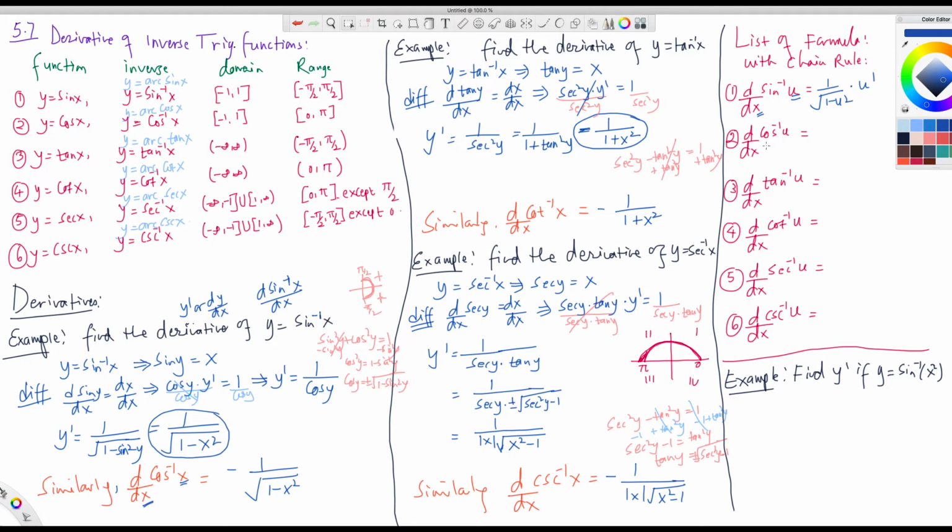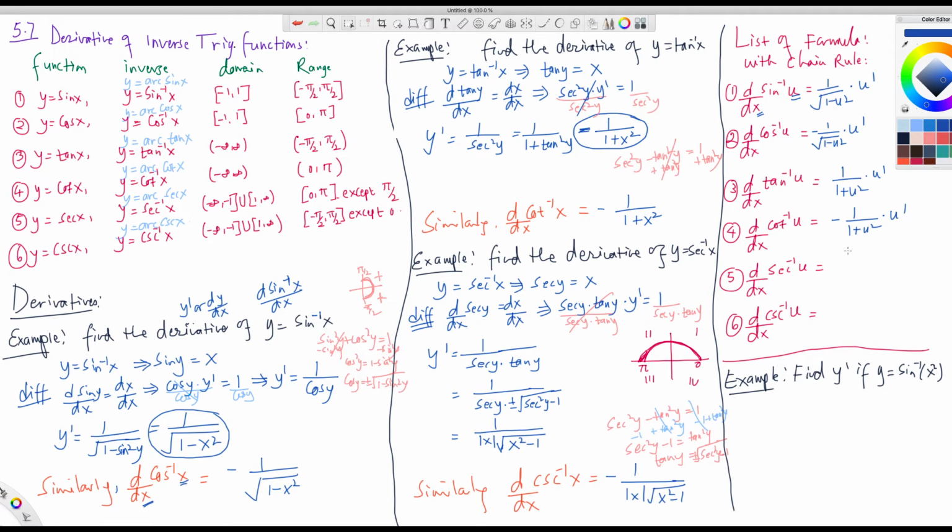Similarly for cosine inverse u, the formula is negative 1 over under the root 1 minus u square, right? And then since they don't match, again this is u prime. For tangent inverse, 1 over 1 plus u square times u prime. For cotangent inverse, this will be negative 1 over 1 plus u square times u prime.